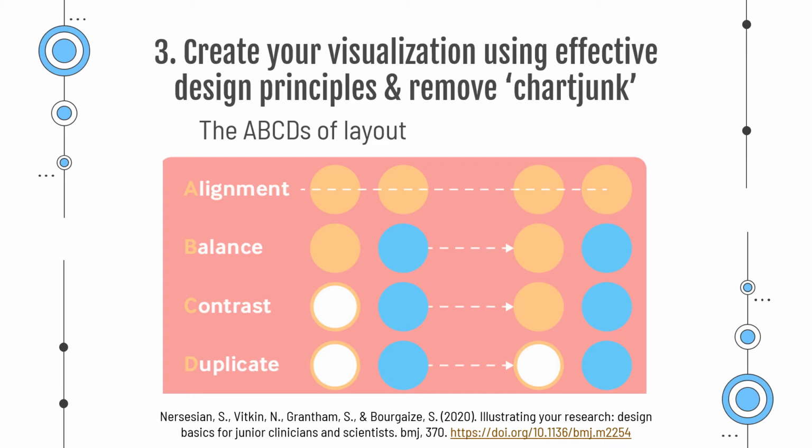Contrast refers to using different stylistic elements, such as color, font, and size, to differentiate and draw attention to different elements of the visual. And finally, duplicate means using a similar style for similar elements. And this will ensure that the overall visual has one cohesive look or feel.